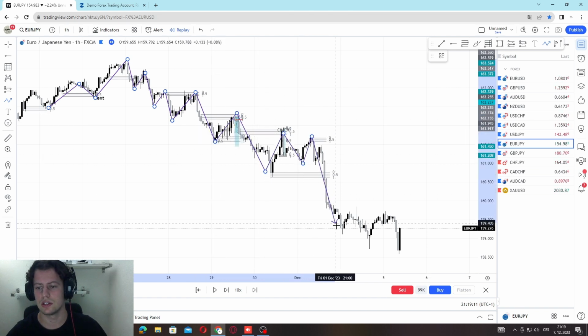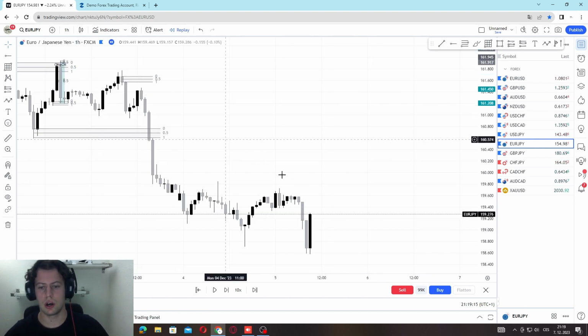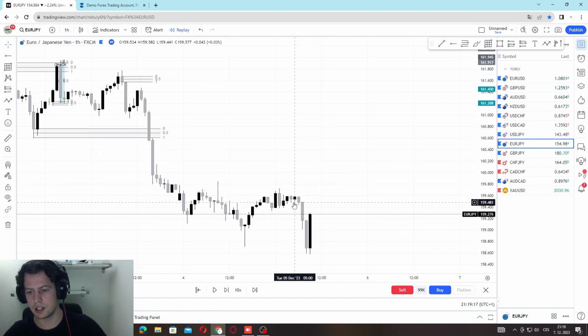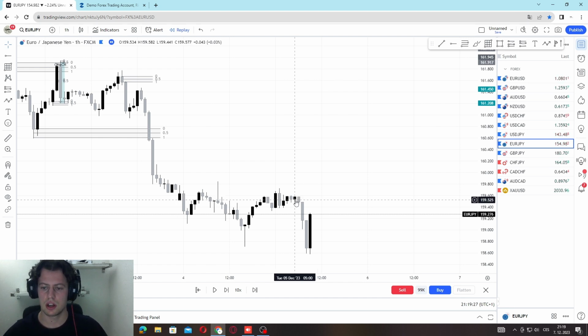On the 1 hour time frame we can see this big push. We have this candle, it's the previous candle when you are in a bearish trend, so it's the opposite candle, and this is what caused it basically.